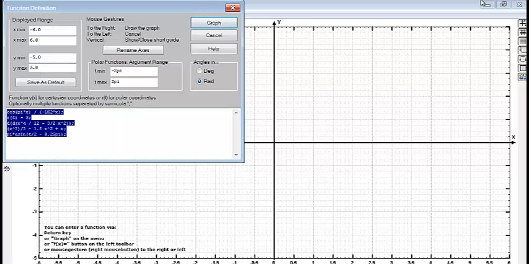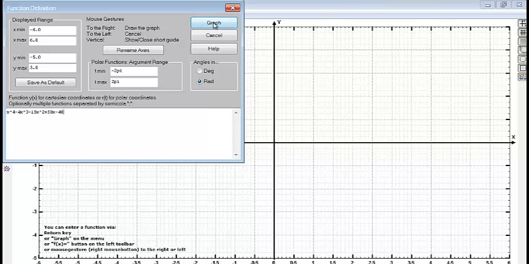Okay, so our function is x to the 4th minus 4x cubed minus 15x squared plus 58x minus 40. Let me just double check it.